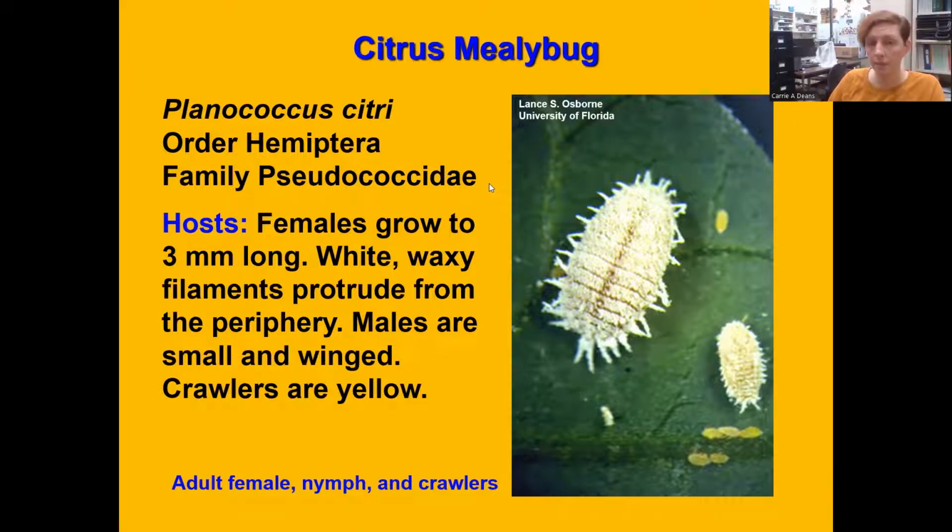One difference is that mealybugs do tend to remain mobile as adults, whereas most scale adults, females, do not move. And so this is an example of a citrus mealybug, which again has this kind of a coating that looks a lot fluffier, like filaments, less like a smooth, waxy covering.